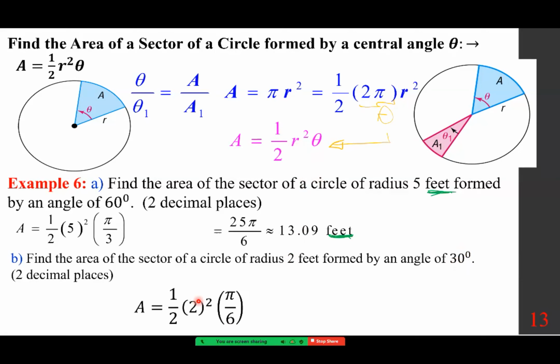Now, 4 divided by 2 is 2, divided by 6 is pi over 3. Precisely pi over 3. Exact answer, pi over 3. And with a couple of decimals, 1.05. And the units are units for the radius.